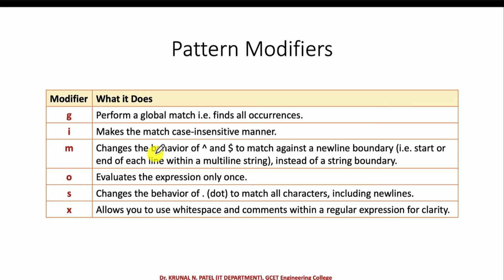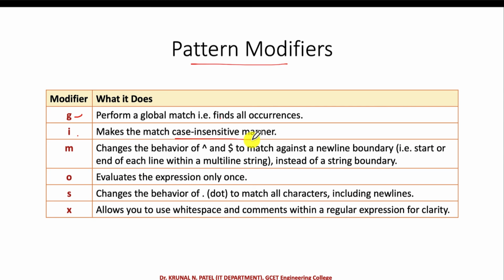Then here we have another important set: pattern modifiers. Whenever I write a g in my pattern, it performs a global match, meaning it finds all the occurrences of the particular letter in a string. The i modifier is for when you want to match in a case-sensitive or insensitive manner.